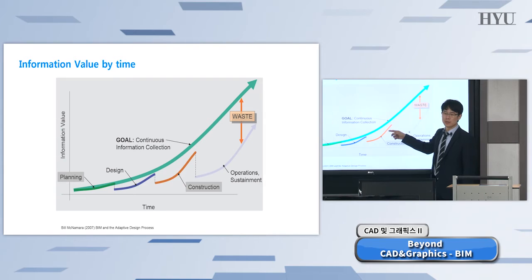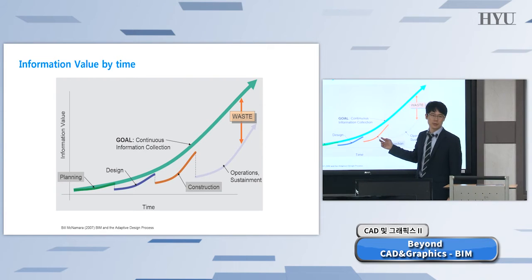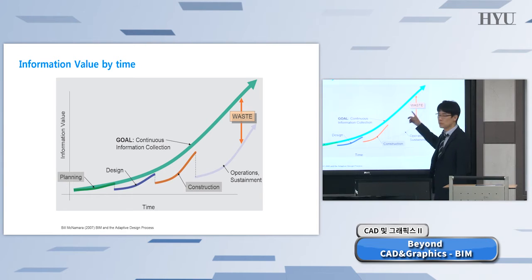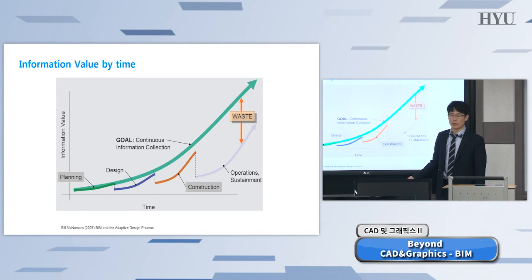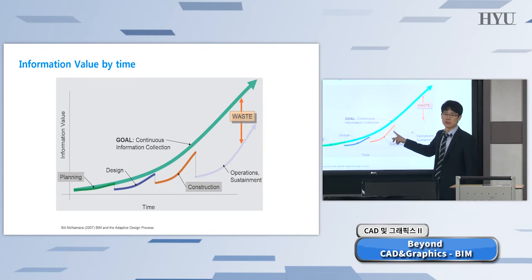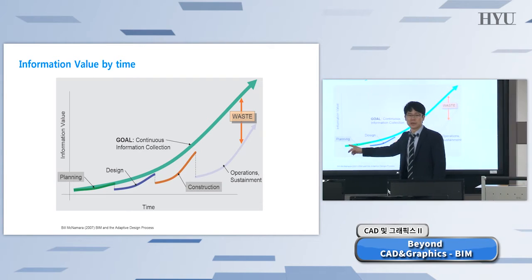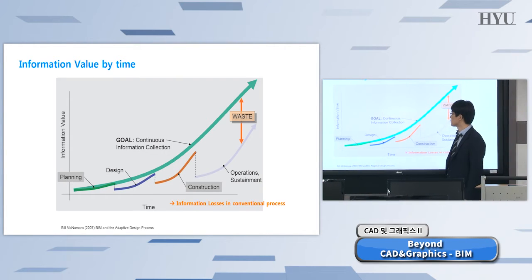After as-built, after construction, now it's time for management, operation. But operators cannot acquire the entire information set from the construction company, okay? That's as usual. So an amount of information is wasted, okay? What if we can accumulate information and data for building lifecycle data from the beginning of the project, okay?